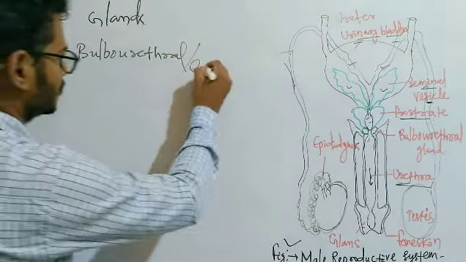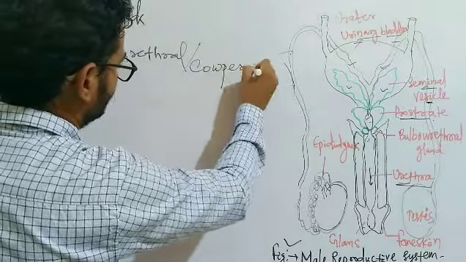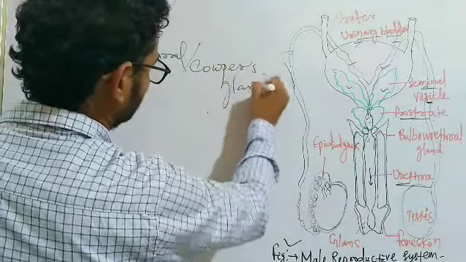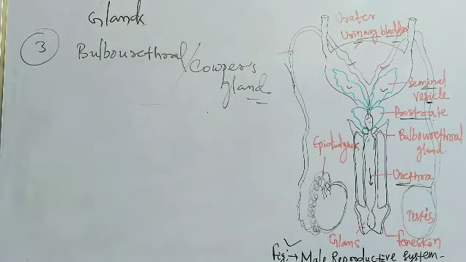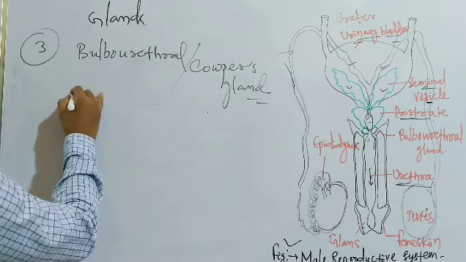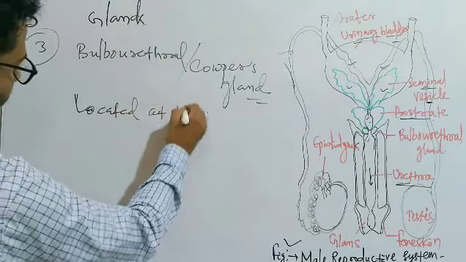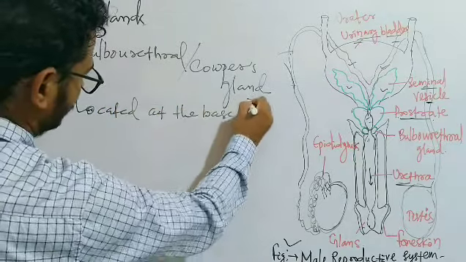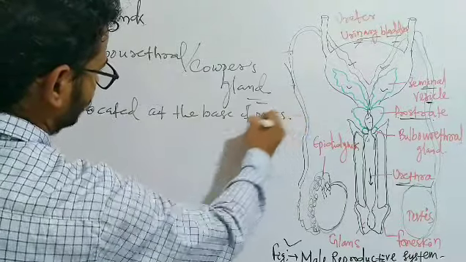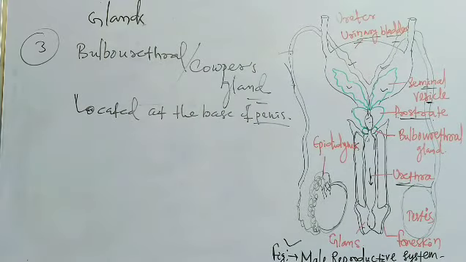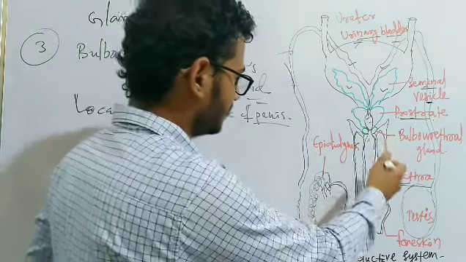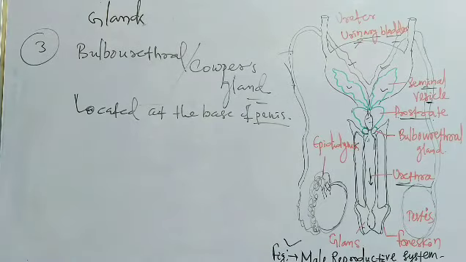The bulbourethral gland is also known as the Cowper's gland. Okay, so the Cowper's glands or the bulbourethral glands are very small and located at the base of the external genital organ, that is the penis, behind the urethra, the pipe.